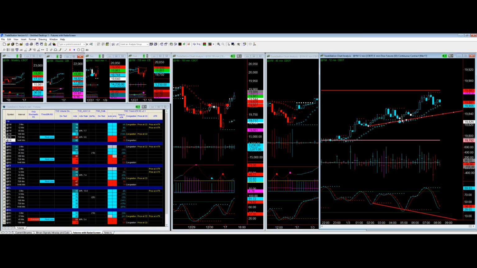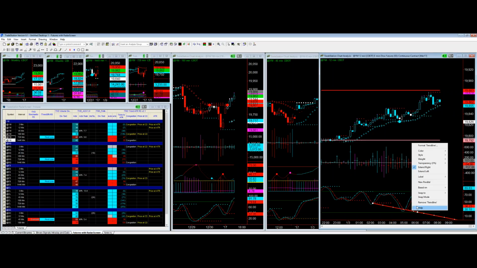You're making higher lows in price, lower lows on the stochastics, okay? This is a picture perfect trade setup, okay? And I walked you through that one on the blog this morning.